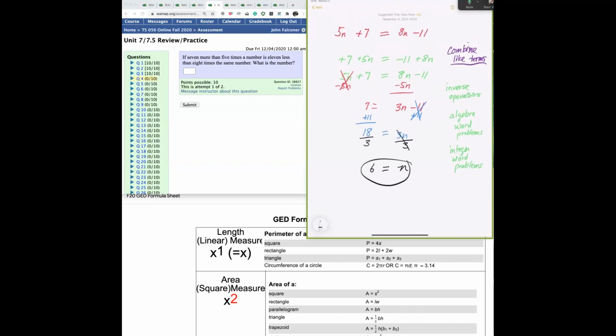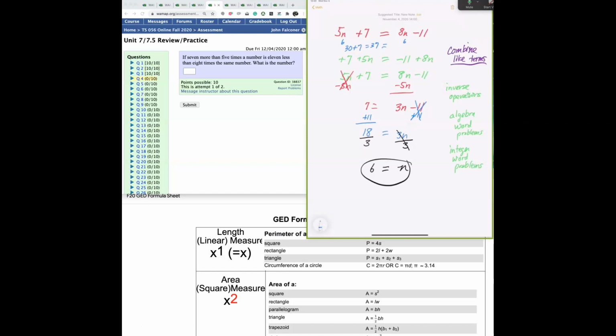And if we plug this n back in up above, we can see if we got this right or not. So let's put a 6 here and a 6 here. 5 times 6 is 30 plus 7. That would be 37, right? 30 plus 7 is 37.